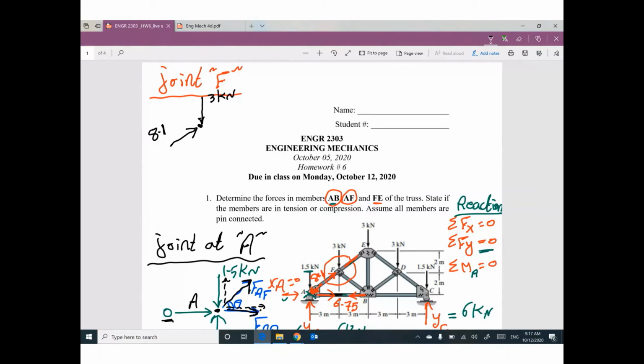I know we have another force here. I'm going to assume it like tension, like this. FB. I'm sorry, yeah, FB. And we have another force here, FE.